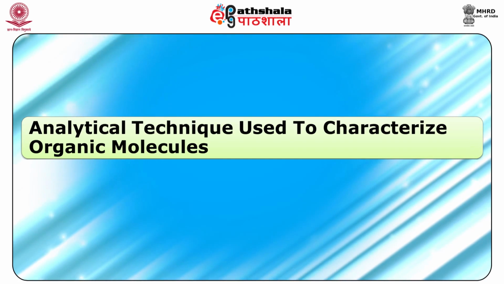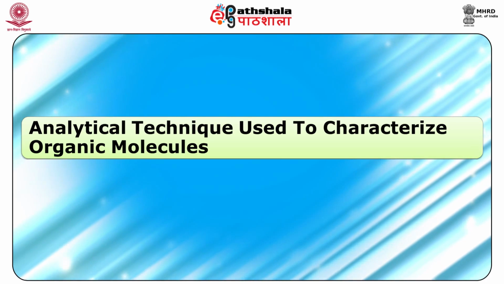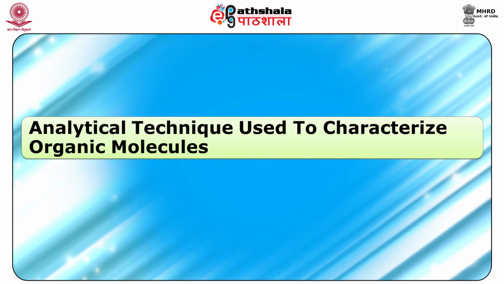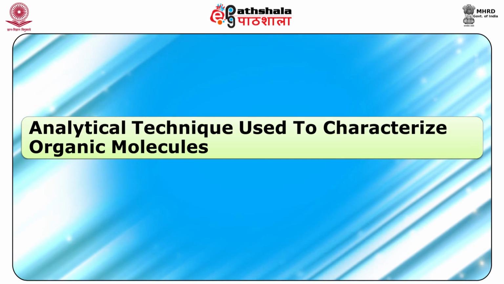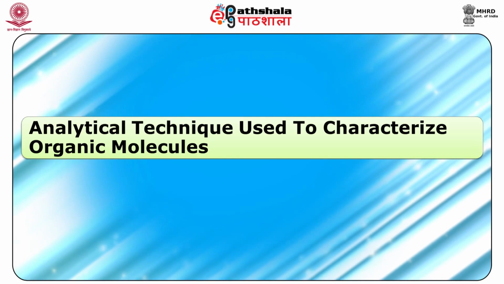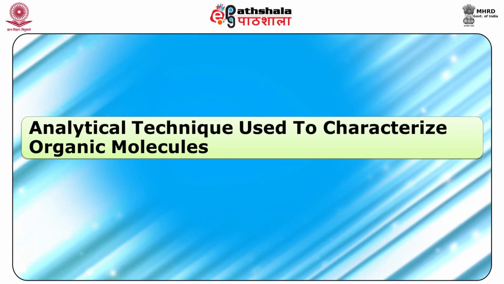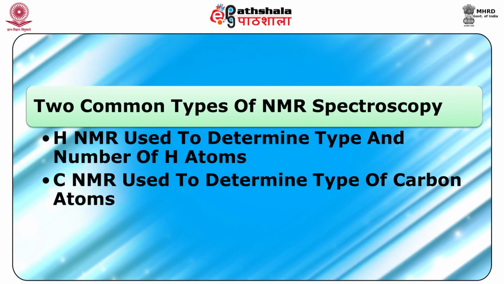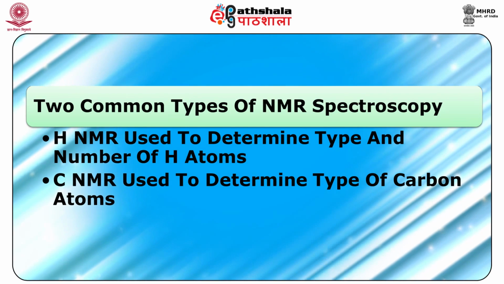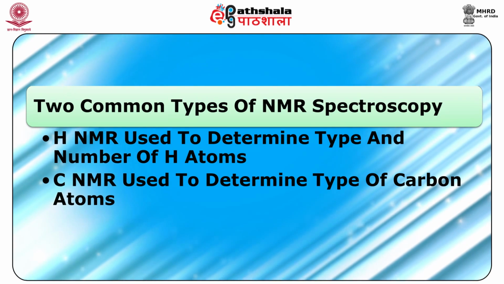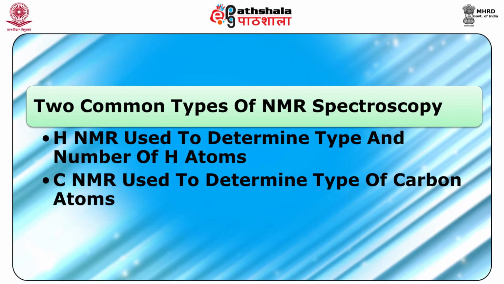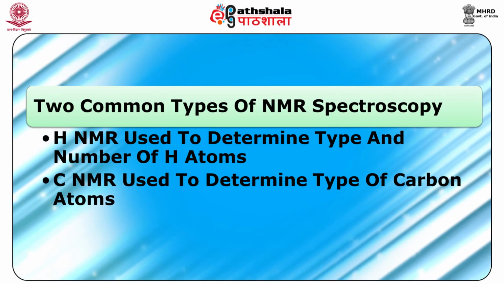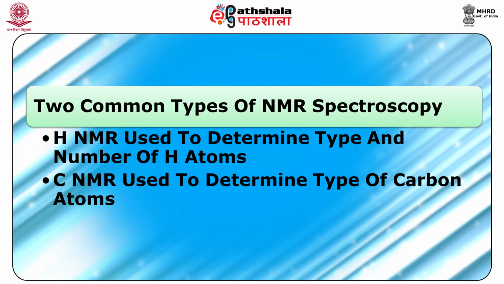Nuclear magnetic resonance spectroscopy is a powerful analytical technique used to characterize organic molecules by identifying carbon-hydrogen frameworks within molecules. Two common types of NMR spectroscopy are used to characterize organic structure. Hydrogen NMR is used to determine the type and number of H atoms in a molecule.